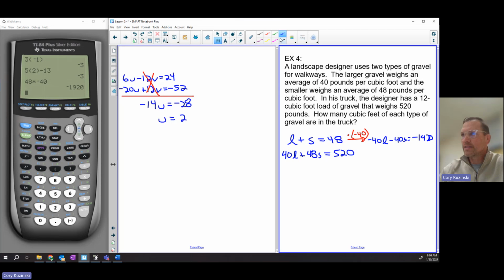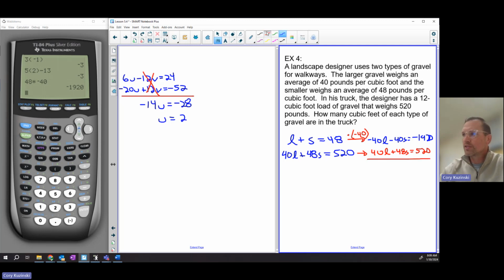And this bottom equation, I'm not going to change anything about it: 40L plus 48S equals 520. Really wanted all this to be blue, but I'm not going to bother rewriting it now.